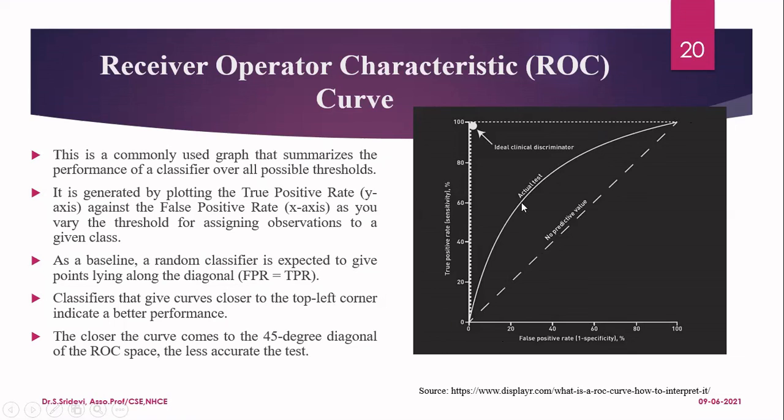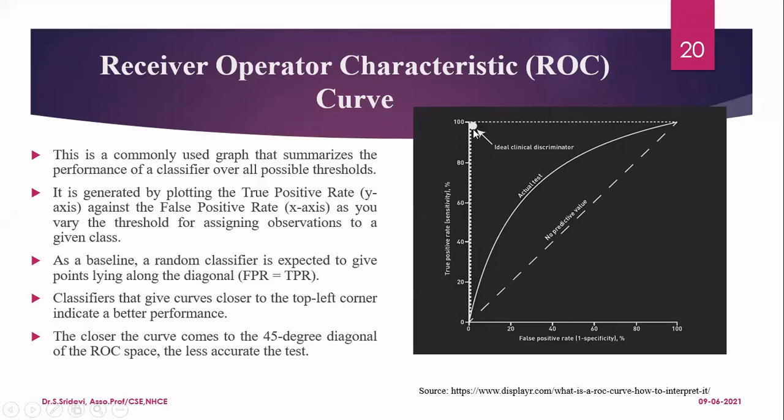And this curve is the output of our classifier, that is the logistic regression classifier. To judge this classifier output, you have to see whether this curve is closer to this particular point, where you have your final point. If your curve is closer to this point, it means your model is performing best. Classifiers that give a curve closer to the top left corner indicate better performance.